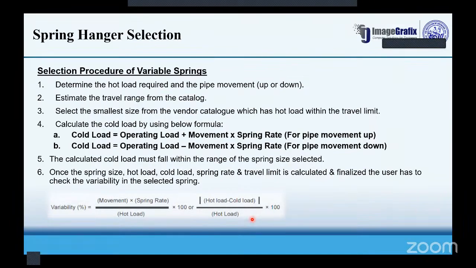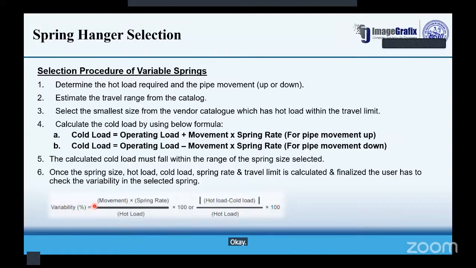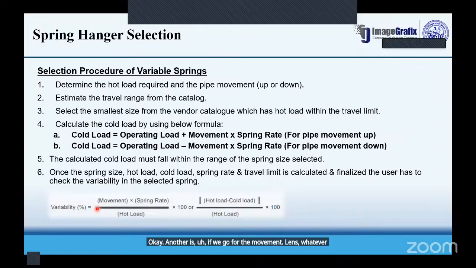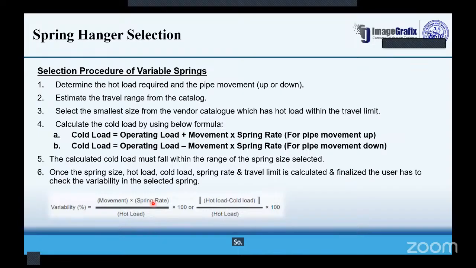With the variability, we have two formulas. The general formula is hot load minus cold load divided by the hot load. Another one, if we go for the movement, is the movement the piping system is traveling multiplied by the spring rate, divided by the hot load. Either of these formulas we can use.